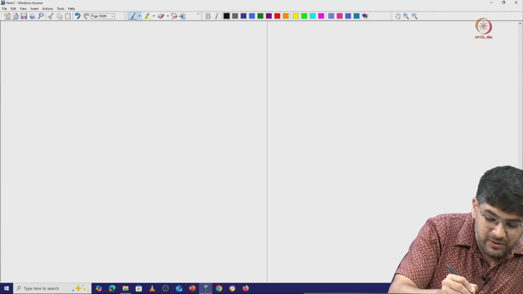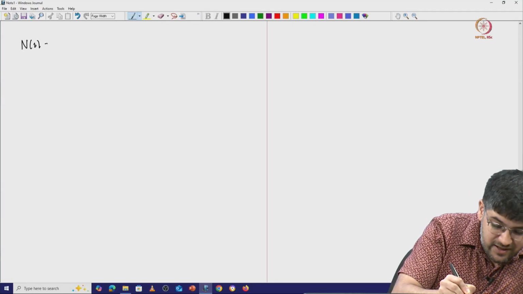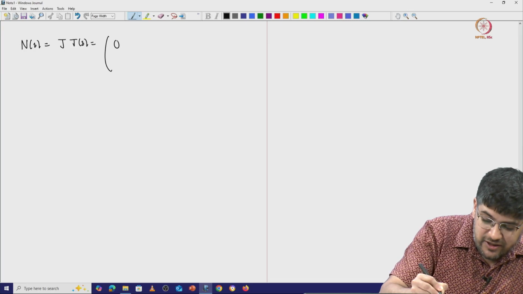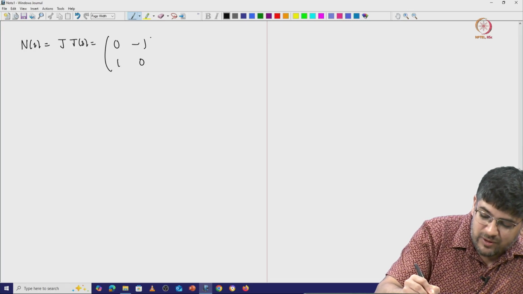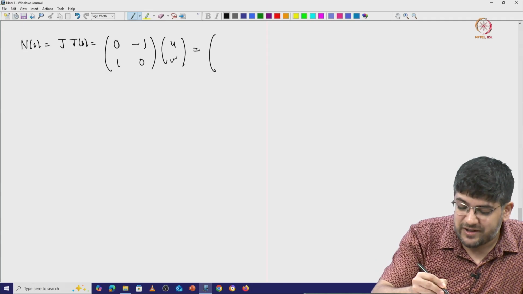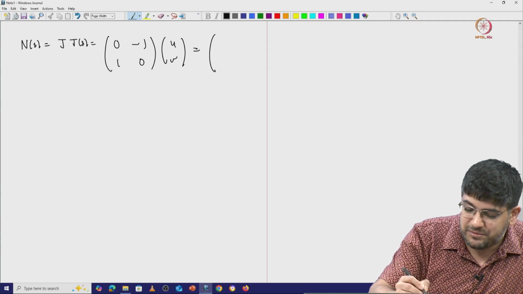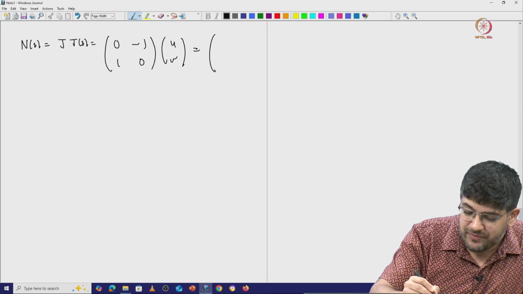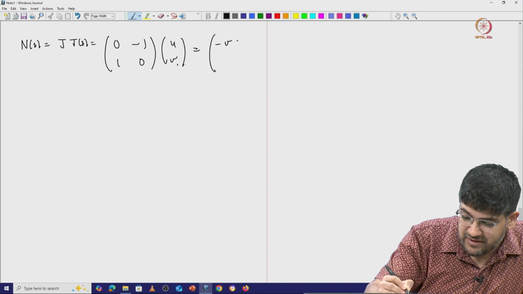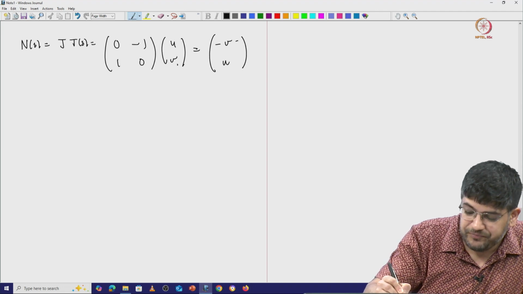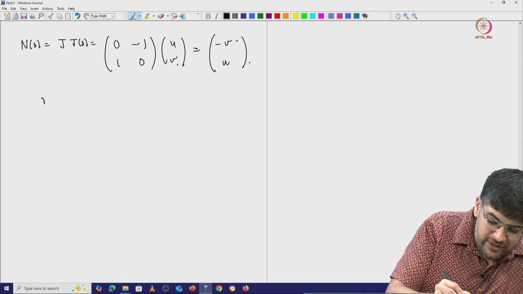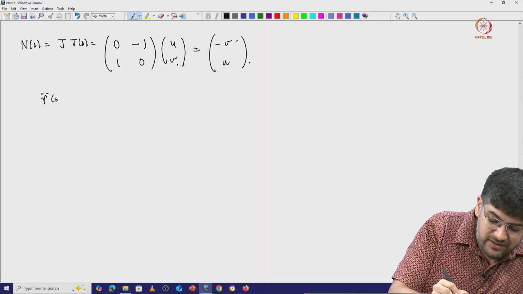So let's understand what N of s is. N of s is J applied to T of s. So that's this matrix 0 minus 1 1 0 applied to (u, v). You just do the matrix multiplication, that's going to be (minus v, u). On the other hand, what is the acceleration vector?